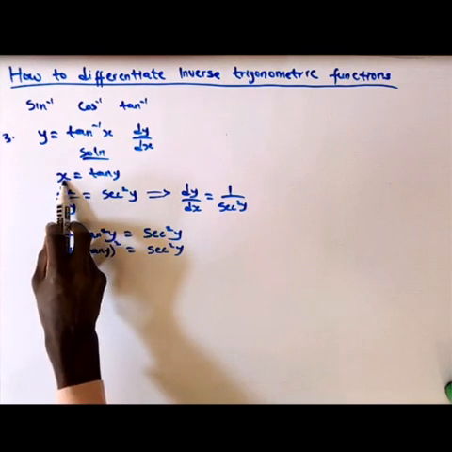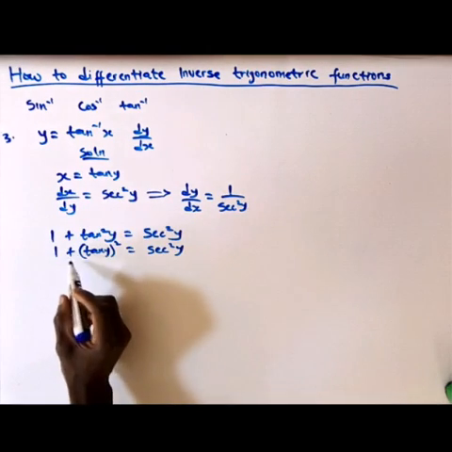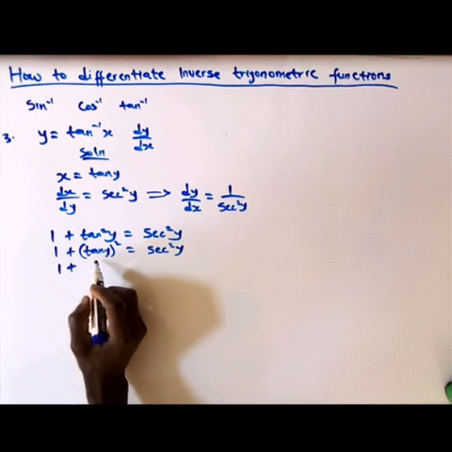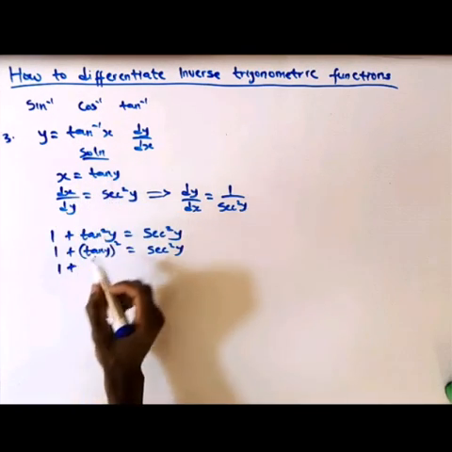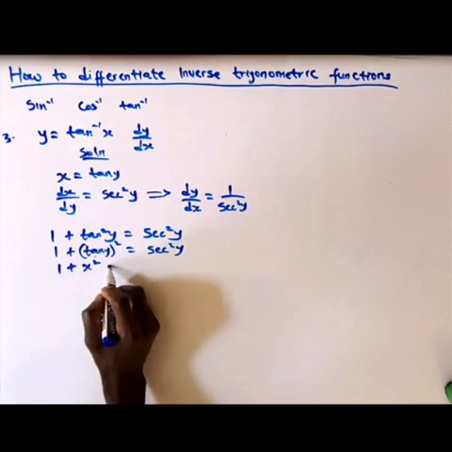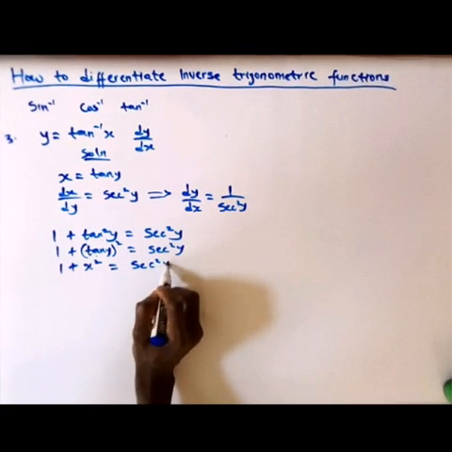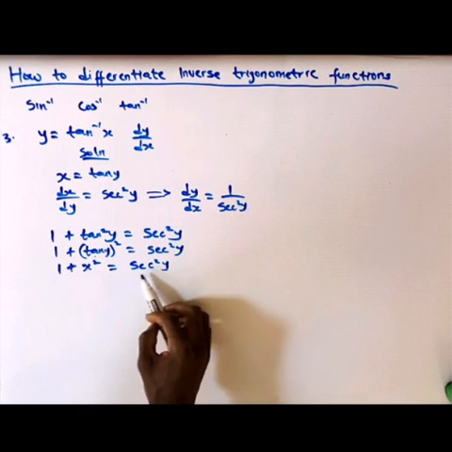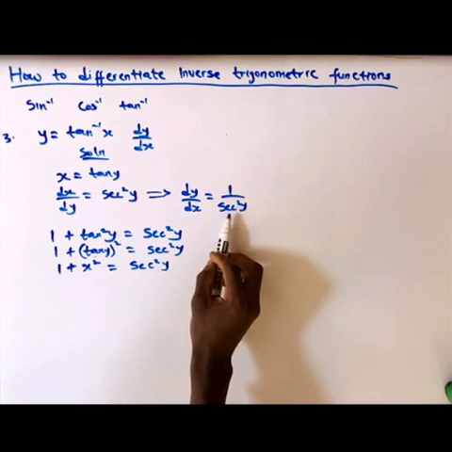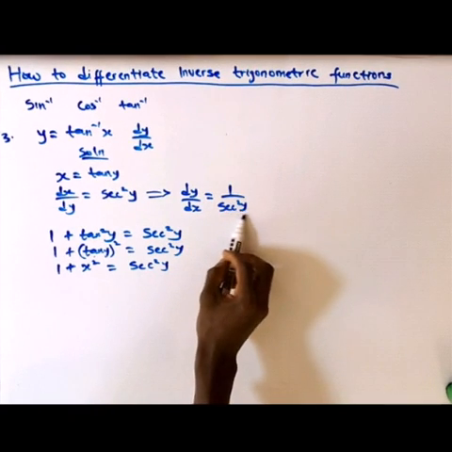But recall, from here we said our s is equal to tan y. So that means this can be written as 1 plus s squared, which is equal to sec square y. So we are going to substitute this into our dy ds here.